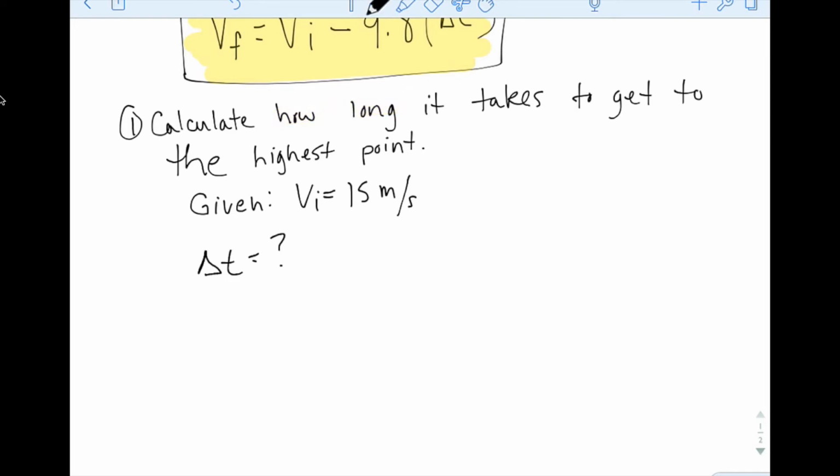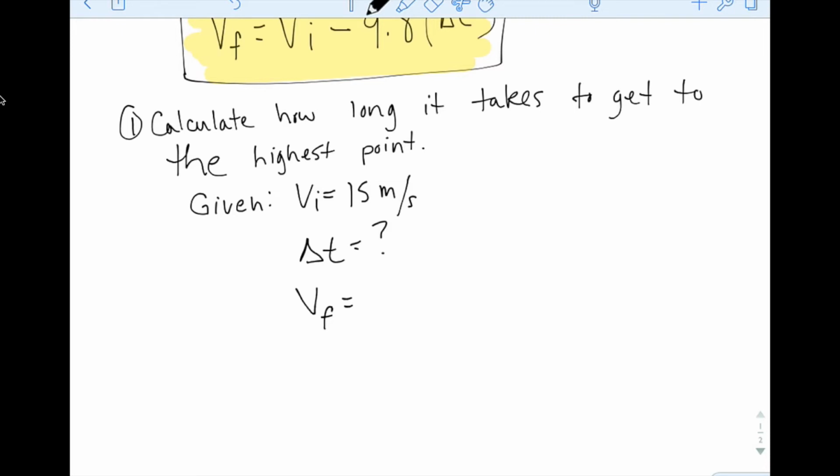Okay, so I'm trying to figure out delta t. They gave me VI. So we're organized better, let's put delta t right here. And now the other thing I need is VF. And let's think about that. The final velocity that we're trying to get to here is the object at its highest point.